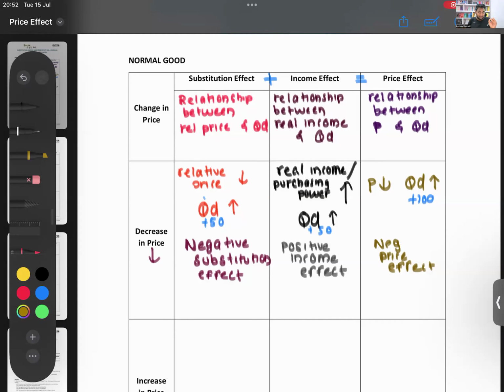As a result of this, the quantity demanded will also rise. Consumers' purchasing power has gone up, therefore QD will increase. This means that there is a positive income effect for a normal good when the price of a good decreases.